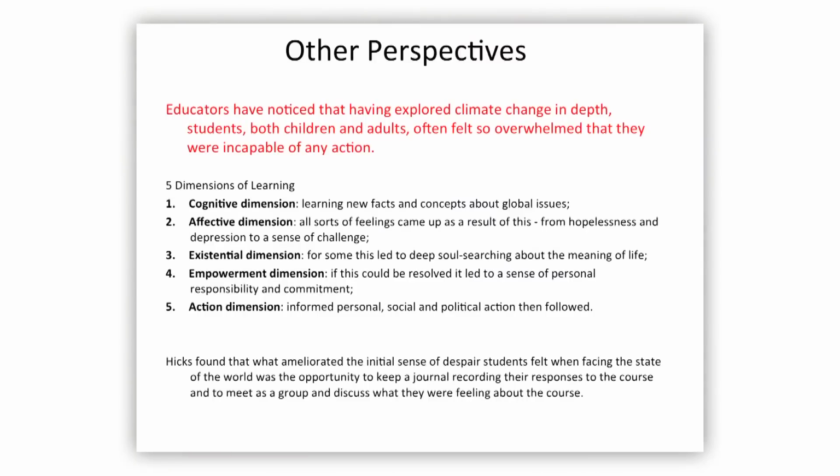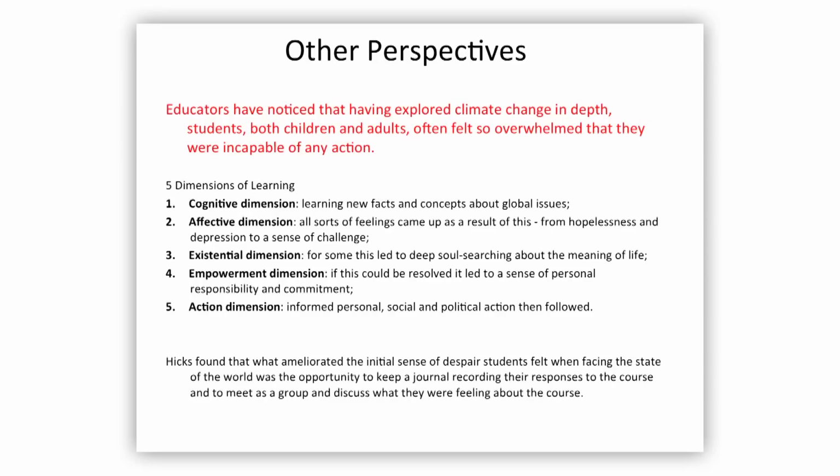And this is all from a cognitive perspective. But when you're teaching issues that are controversial, things like climate change and things like food security, it's also important to think about the other perspective. And so the cognitive dimension is certainly learning new facts and concepts about global issues. But it may also be equally important to consider the affective dimensions, or the feelings that the students have as a result of this.